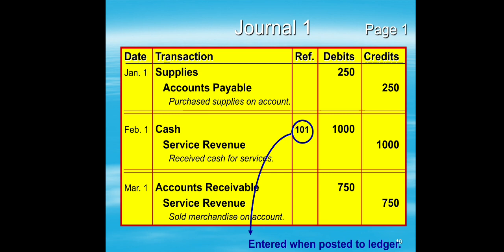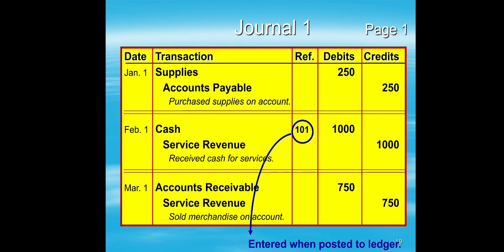The first step is doing analysis. Last week I explained how the analysis is done. After you have done the analysis, you have to record the business transactions in the journal.